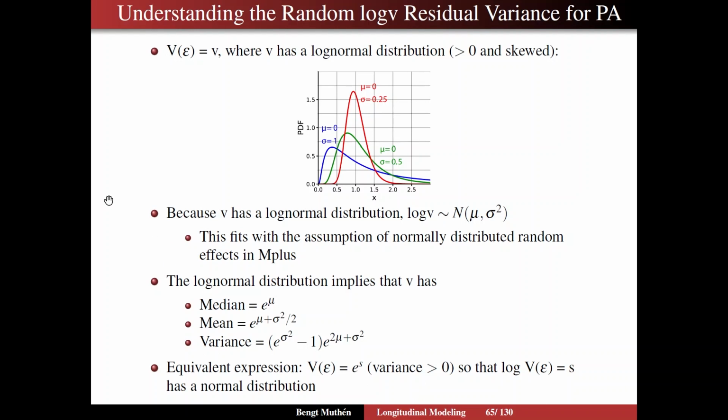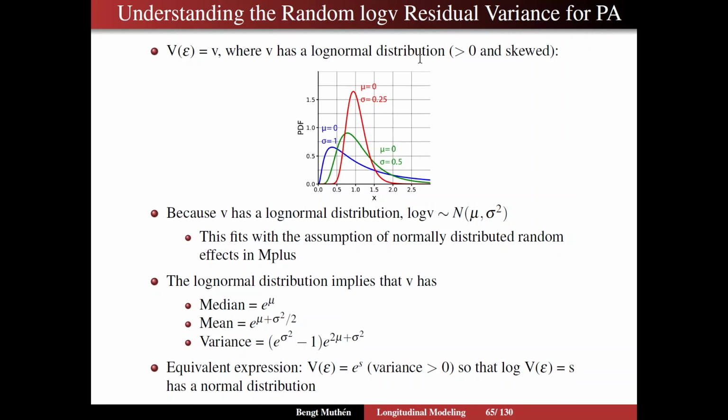Now, to understand what's going on here with the log v and to interpret that to get a feeling for how big that variation is in the variance, let's take a statistical look at this. So the variance we're talking about is the variance of epsilon, the within level residual variance. And in Mplus, we specify that that variance has a log normal distribution. It's a variance, so we want it to be greater than 0.